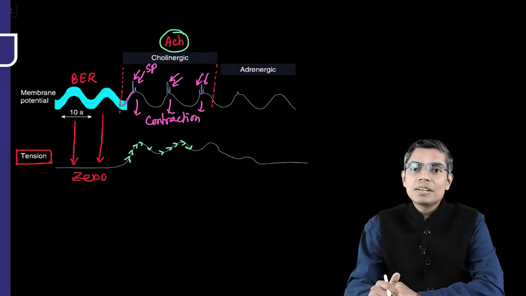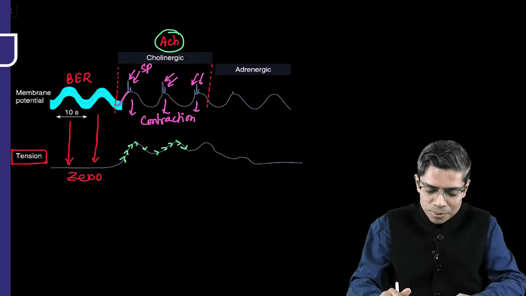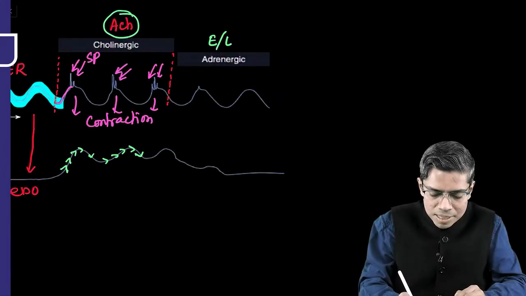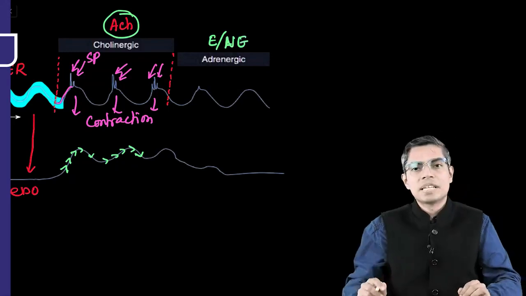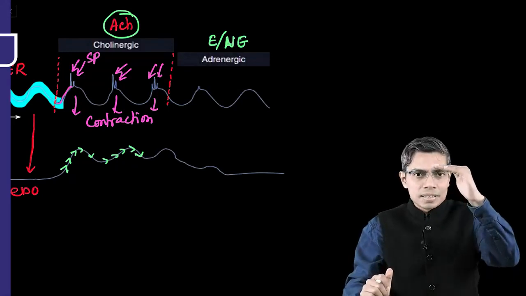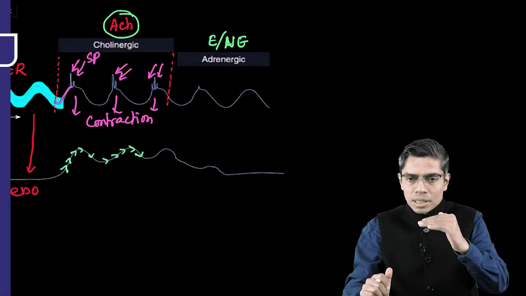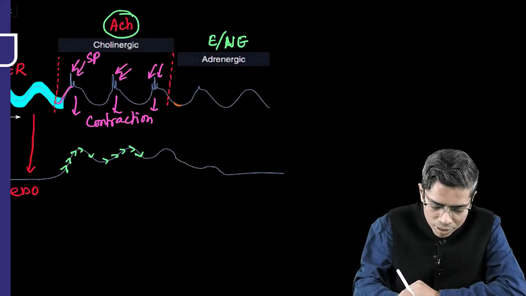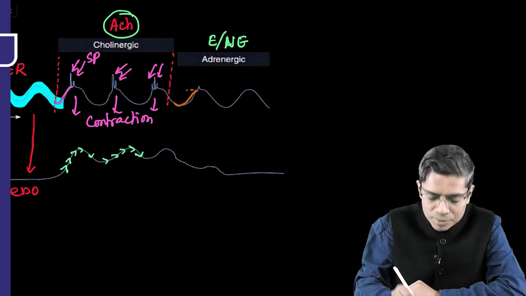But rather than giving cholinergic stimulation, if you give adrenergic stimulation, for example epinephrine and norepinephrine, what is going to happen? The BER will go below the threshold voltage. As you can find here, the BER is not able to reach up to the level of threshold.